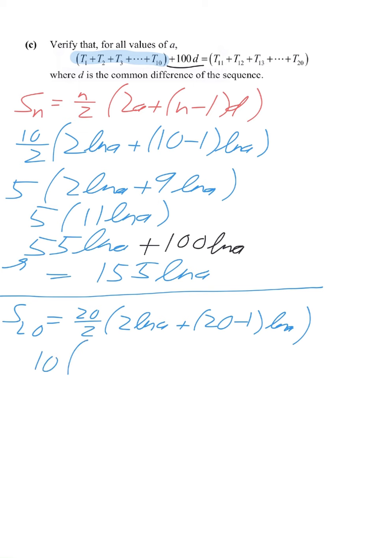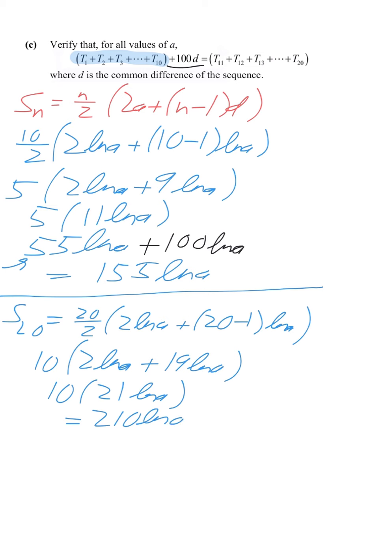So I'll have 10 now, 2 ln a plus 19 ln a. So 21 ln a, which then is 210 ln a. Now remember to subtract from this the sum of the first 10 terms, which we have. So I have 210 ln a minus the sum of the first 10 terms, which is 55 ln a.